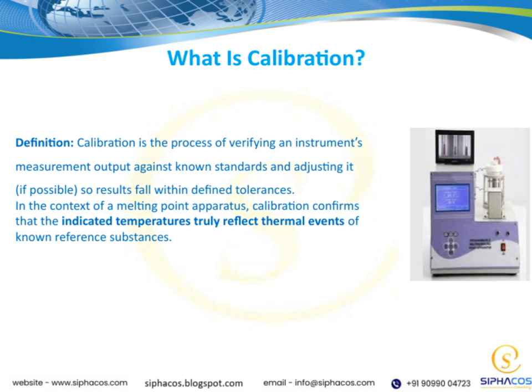It helps confirm that the temperature readings we see are truly reflecting the thermal events of the substances we're testing, based on reference standards. So, in simple terms, calibration is about making sure our measurements are correct and trustworthy. It's a key step in ensuring the precision of our analysis and maintaining the overall quality of our results.